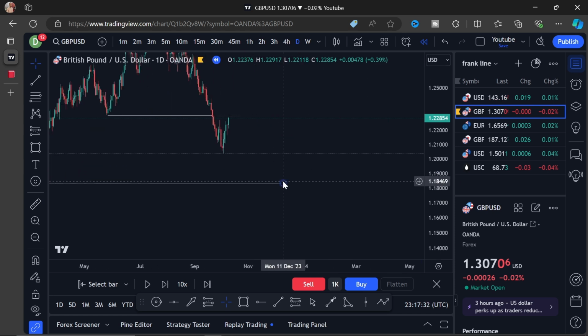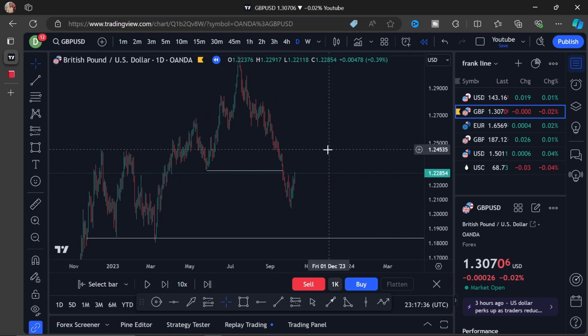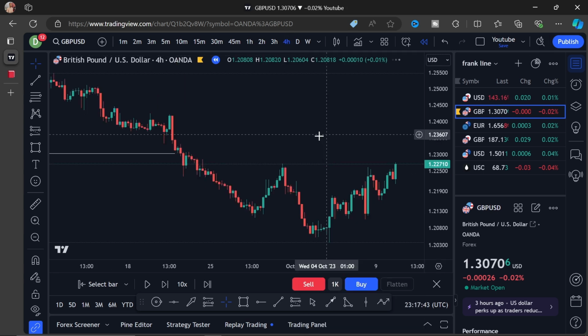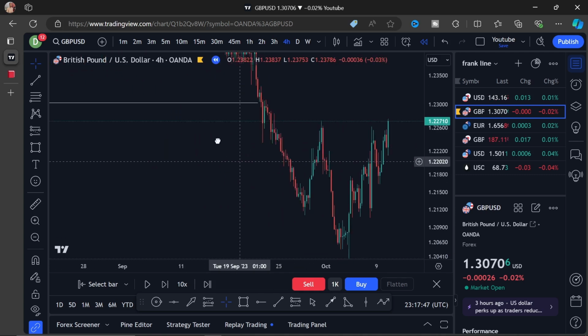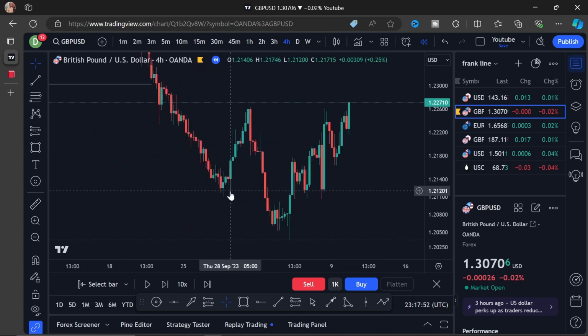Now with this marked out like this, next up is simply to come over to our 4-hour time frame to see how the market is reacting and identify our levels. So looking at the 4-hour time frame here, after this shift here, the market gave us a break of structure here.